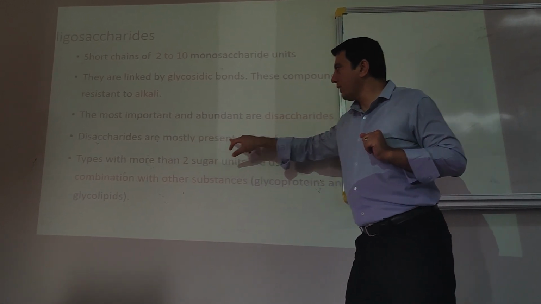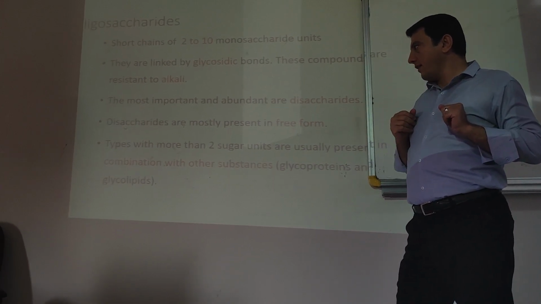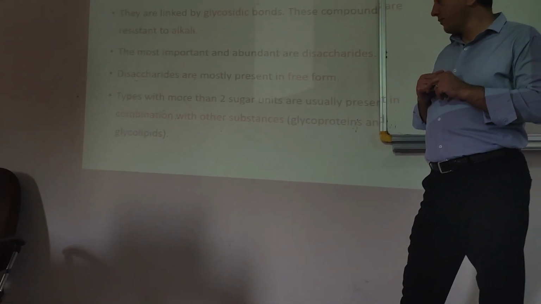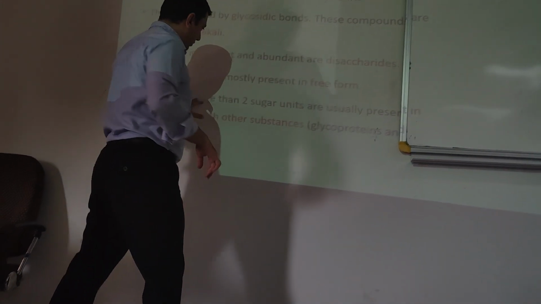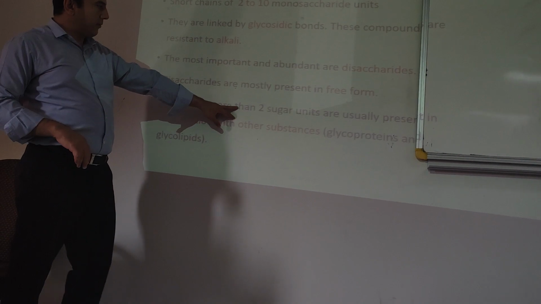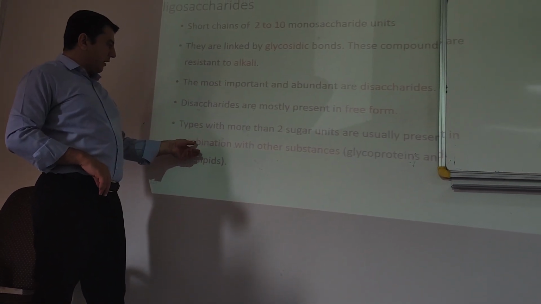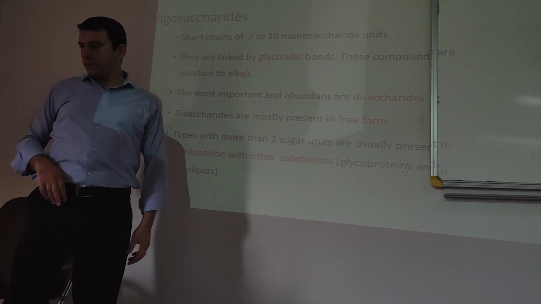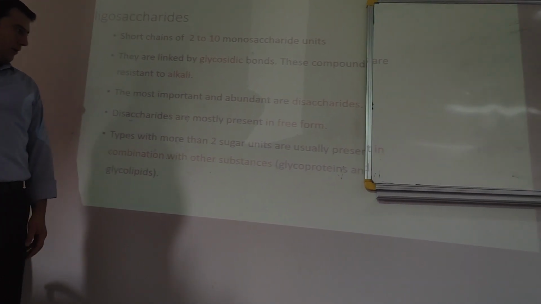Disaccharides are mostly present in free form, as I said. And as I told you, those with more than two sugar units are usually presented in combination with other substances like glycoproteins and glycolipids.